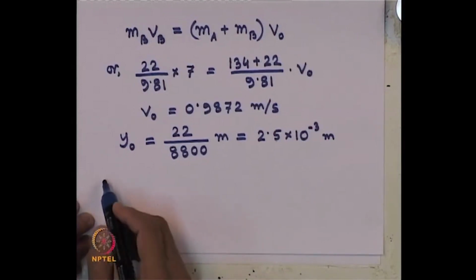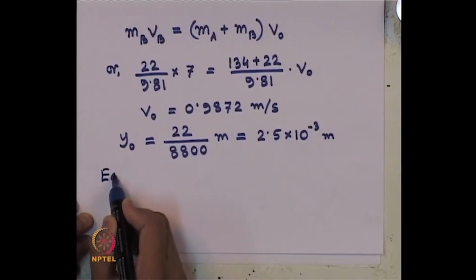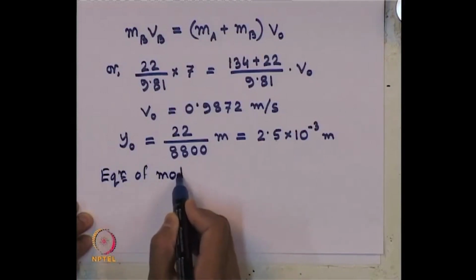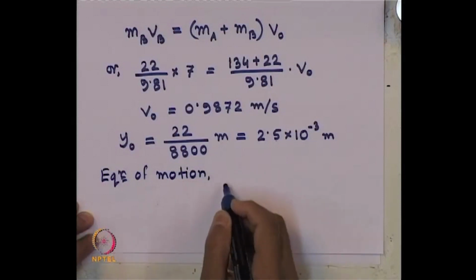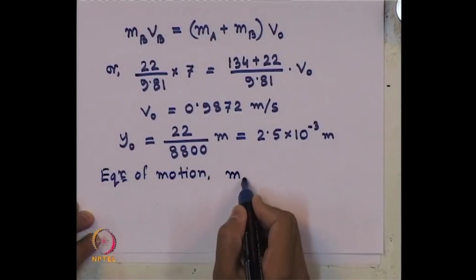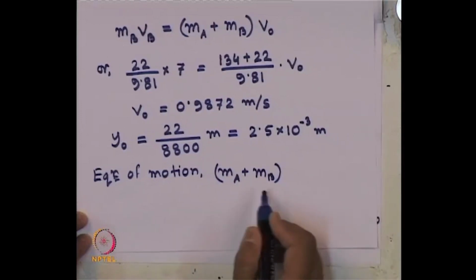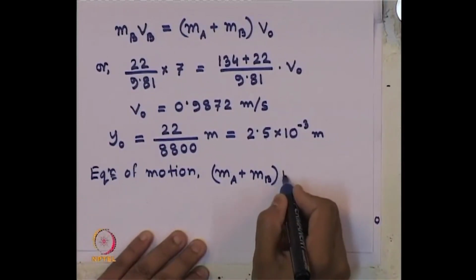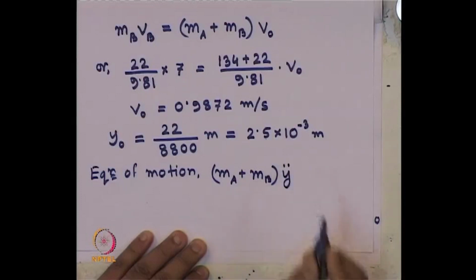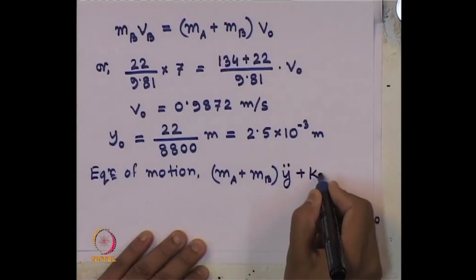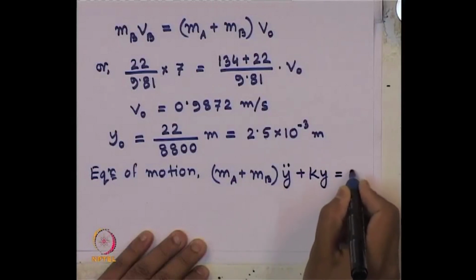So, the equation of motion will be mass of A plus mass of B. They are now vibrating together at acceleration, let us say y double dot, plus k spring constant times y equals to 0.